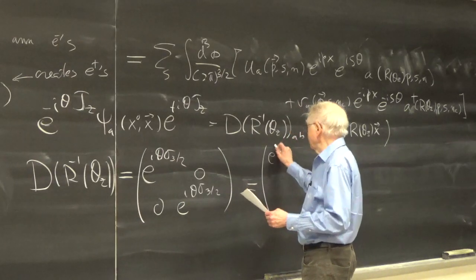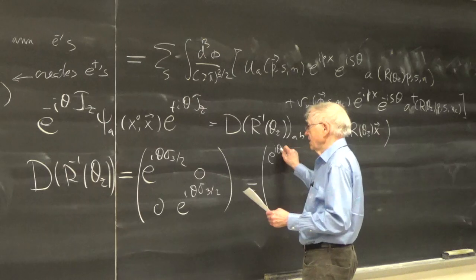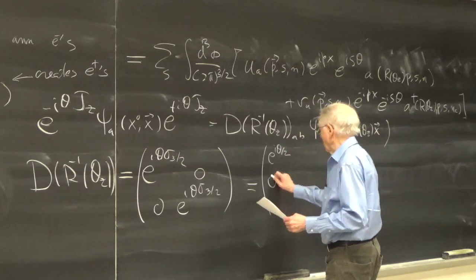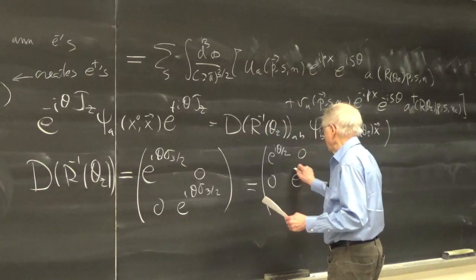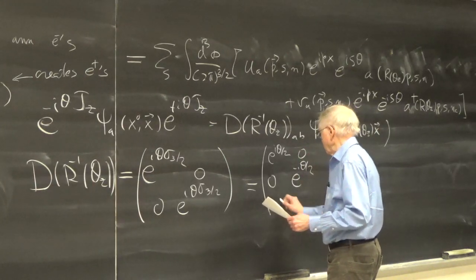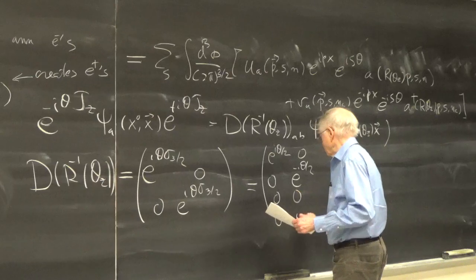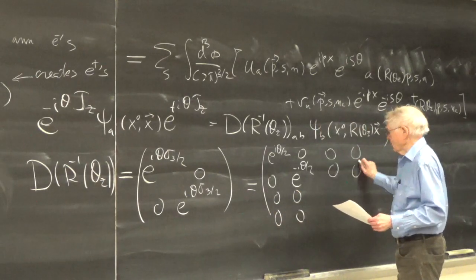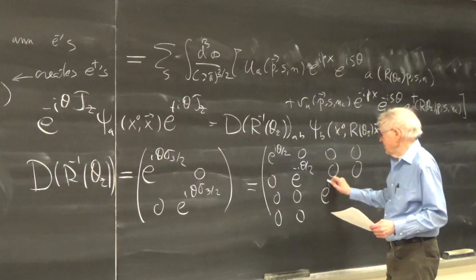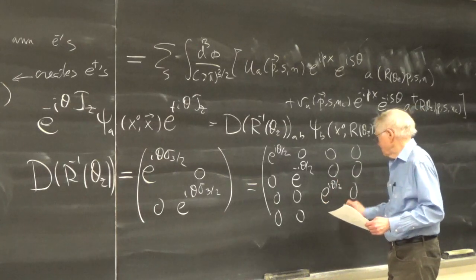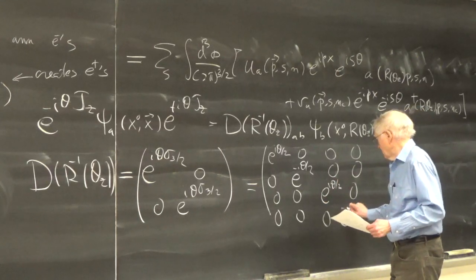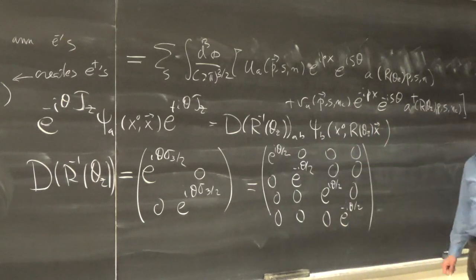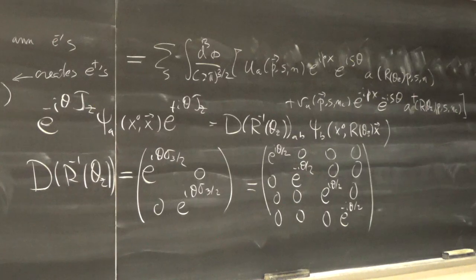It's equal to e^{iθ/2}, 0, 0, e^{-iθ/2}, and then down here, e^{iθ/2}, 0, 0, e^{-iθ/2}. So that's what that rotation matrix is.